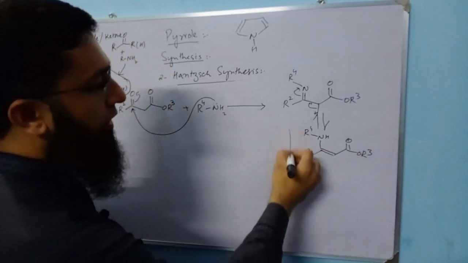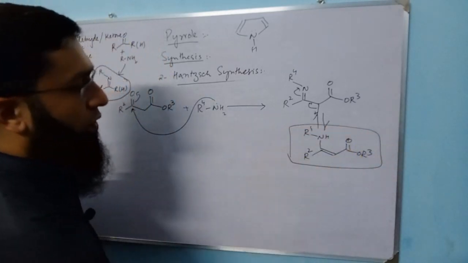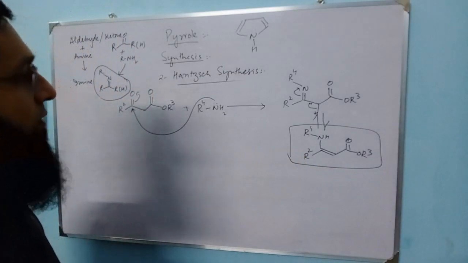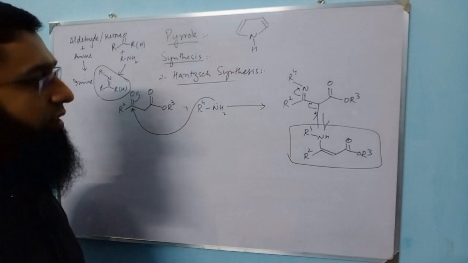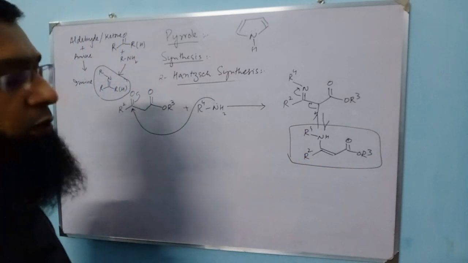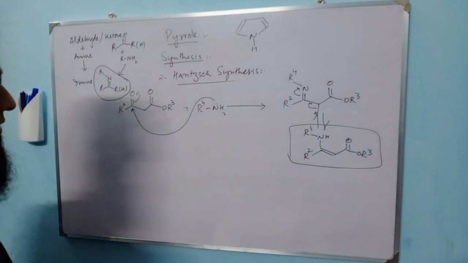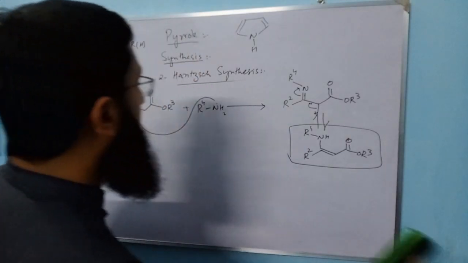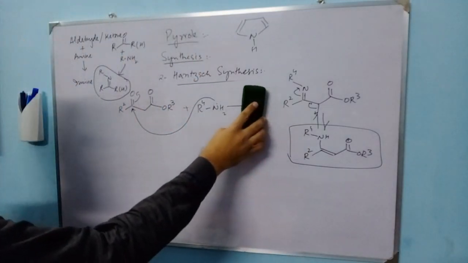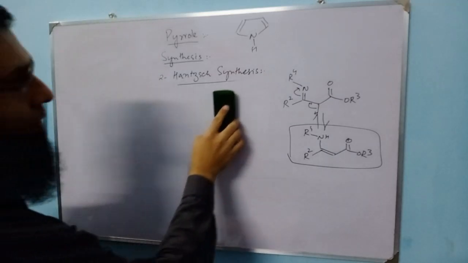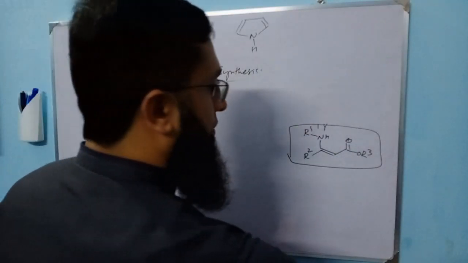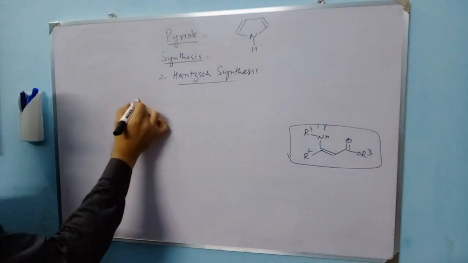Now this enamine is important in this case because its reactivity pattern with alpha-haloketone actually results in different regiochemistry of the products. For example, we can see here, now I remove this. I draw it here.